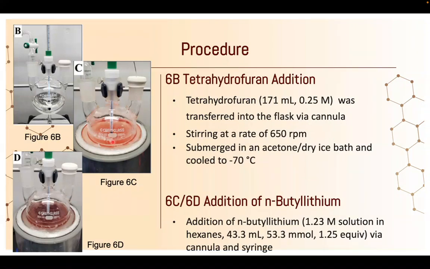So next in the experiment, 171 milliliters of tetrahydrofuran was passed through an activated alumina column before its use, and then it was transferred into the flask using an 18 gauge cannula.